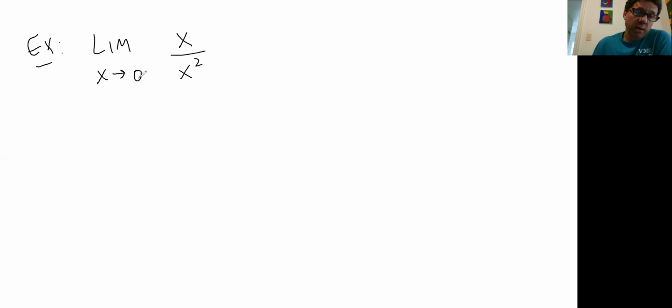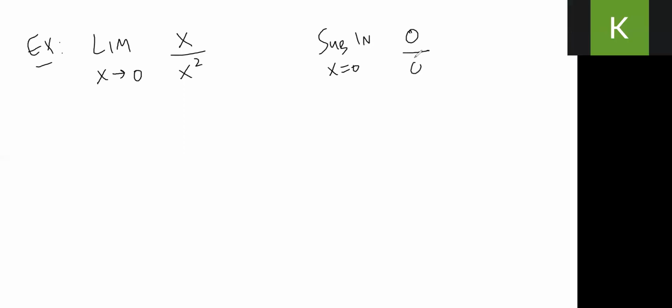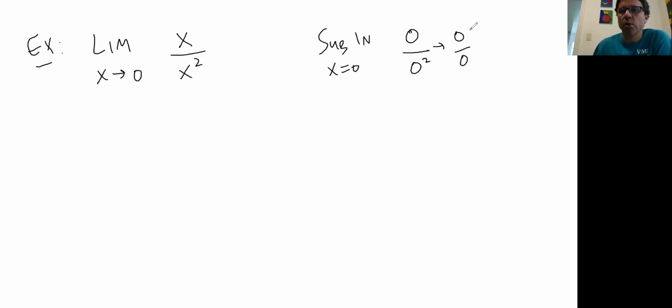So if we try to substitute 0 in, the top would be 0, the bottom would be 0 squared. So that looks like 0 over 0 again. It's got this 0 over 0 indeterminate form, is how you say that.